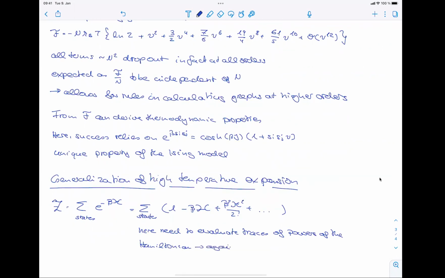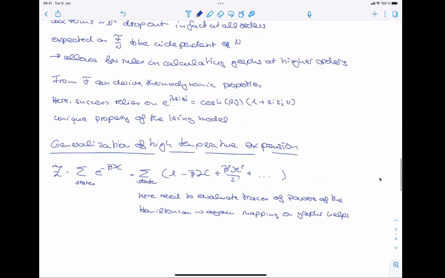And again, mapping on graphs helps. And here really the challenge is how you become good at figuring out which graphs and enumerating the amount of graphs.